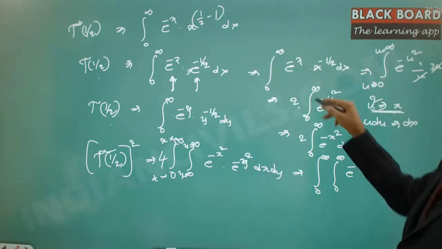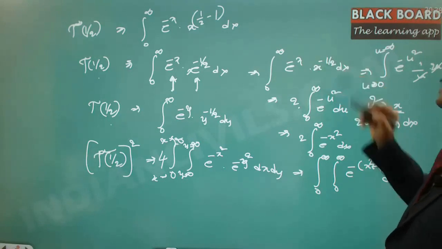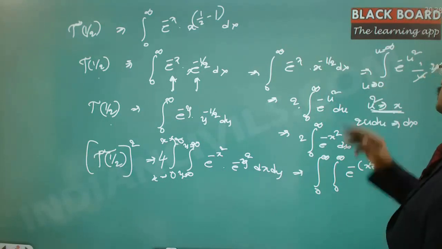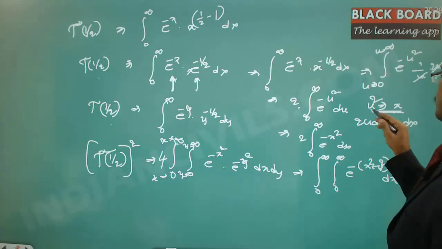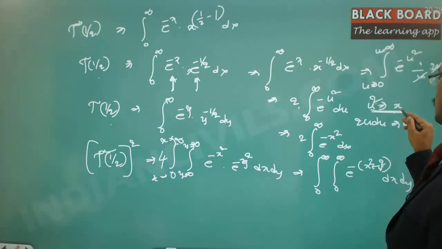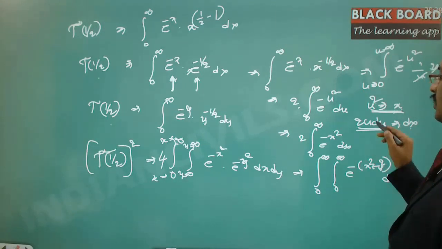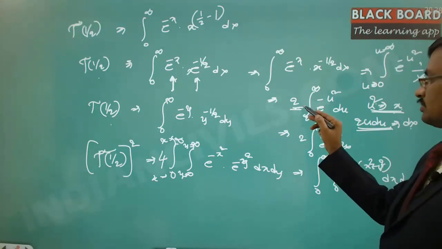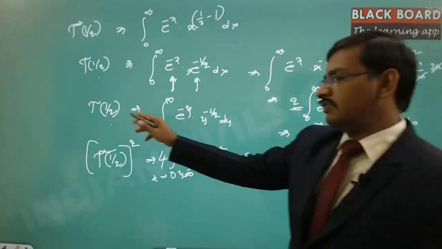Wherever x is there, you replace it with u square, and then u square to the power 1 by 2 minus 1 by 2, the 2 will cancel, then 1 by u is there. And if you substitute u square is equal to x, then the corresponding dx also needs to be replaced with 2u du. This 2 comes outside. Now this is only gamma of 1 by 2.